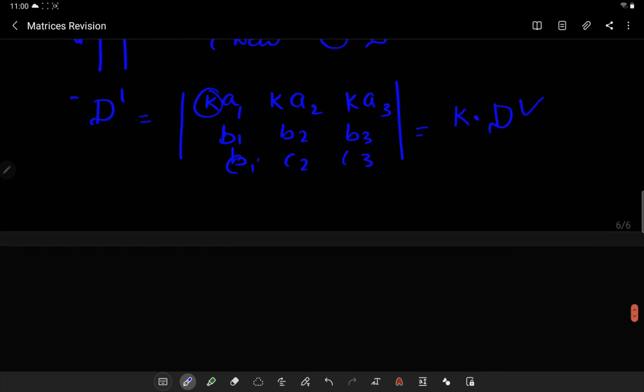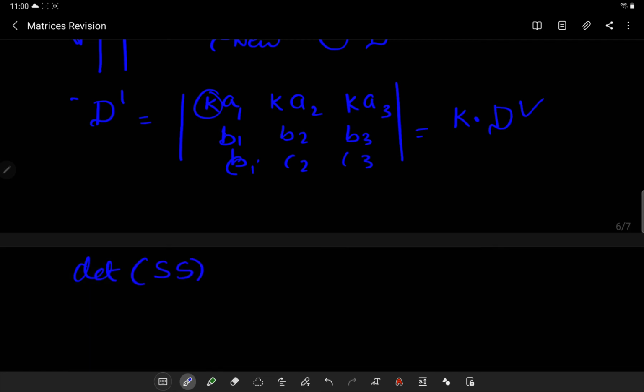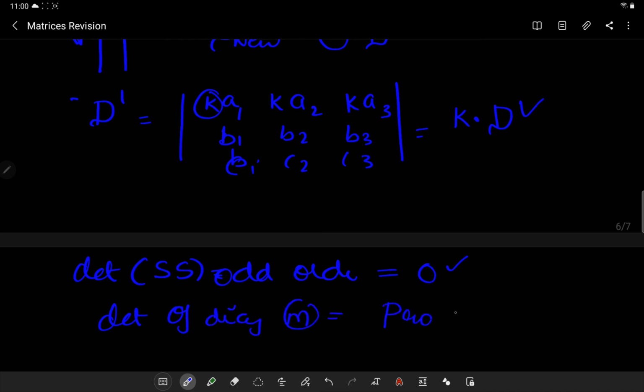Next, coming to an important property related to determinant. So remember, determinant of a skew symmetric matrix of odd order will be 0, and determinant of a diagonal matrix will be simply the product of diagonal elements.